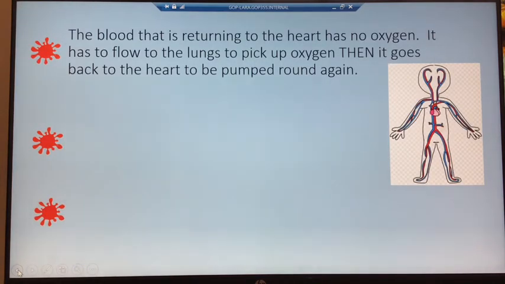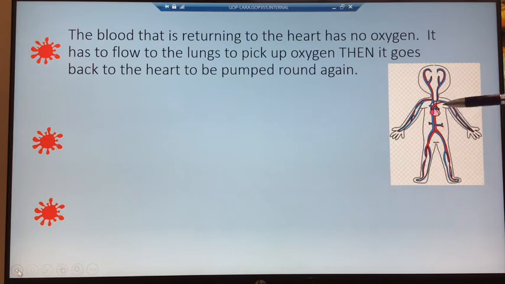So, the blood in the blue veins returning to the heart hasn't got any oxygen in it. Where does it get the oxygen from? It flows to the lungs. We breathe in oxygen. The blood picks up the oxygen and it goes back to the heart to be pumped around so it can deliver it.